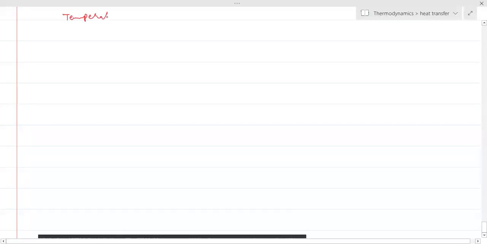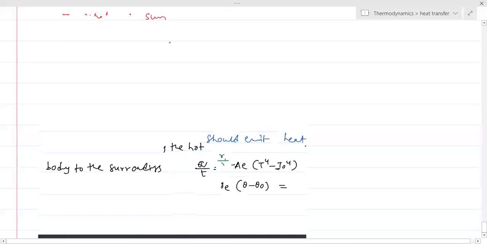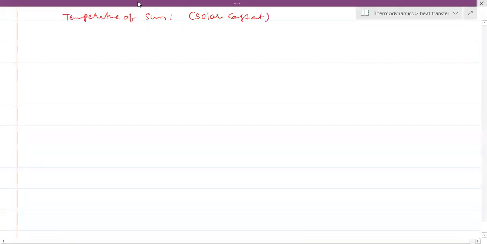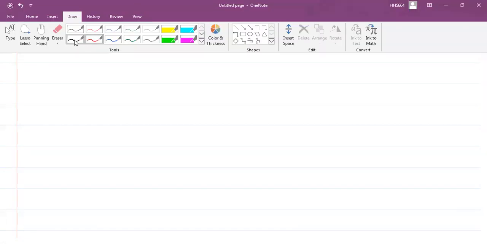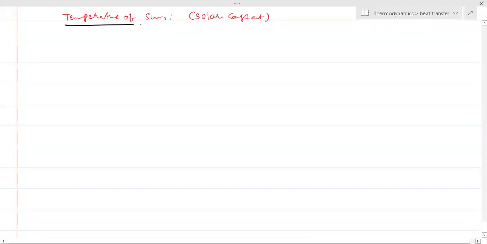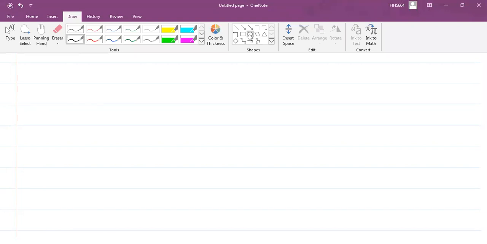Next, we used to think of the temperature of the sun. We determine the temperature of the sun by using the solar constant. So first we will understand what we mean by solar constant.